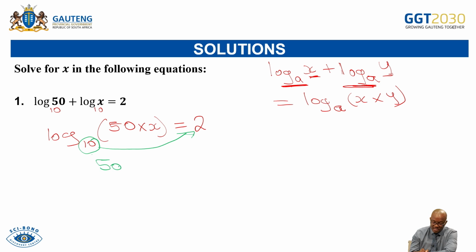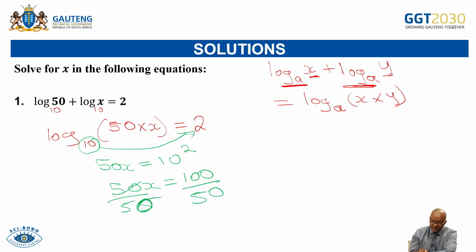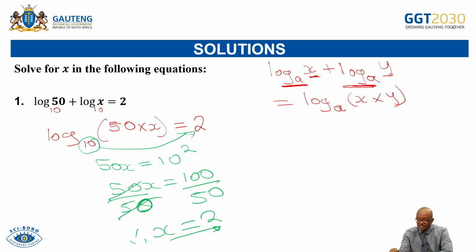So we're going to have 50x is equal to 10 squared, then 50x is equal to 100. Then we divide both sides by 50. Then 50 cancels 50. Therefore, x is going to be 2.